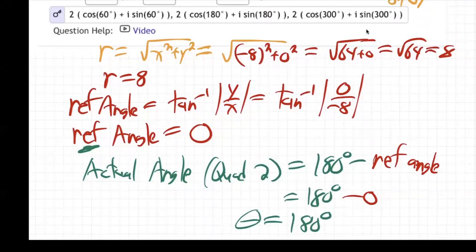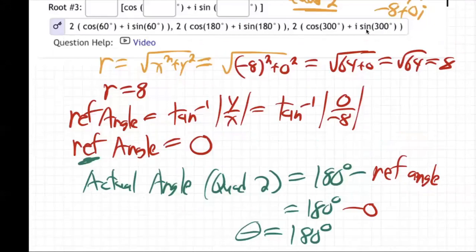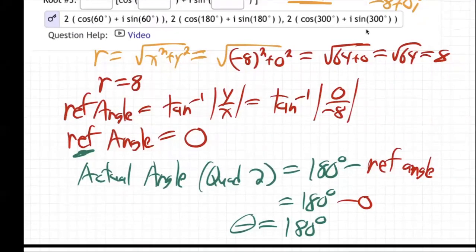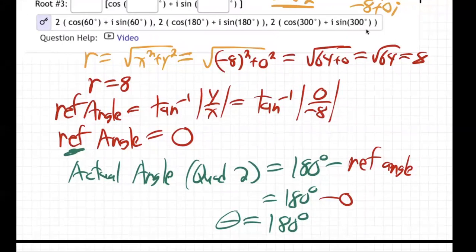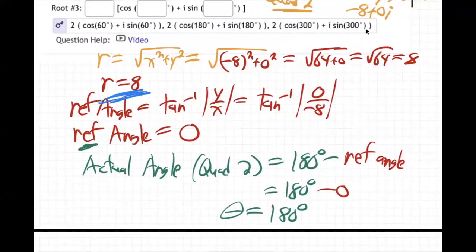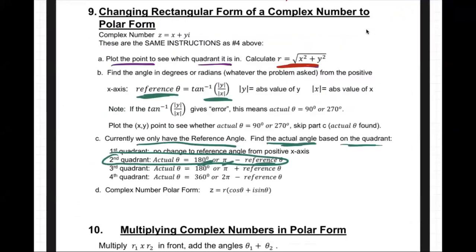Okay. So what have we got at this point? So now what we've got is the r and the theta. So here's the r and here's the theta. We have changed to polar coordinates. That's what it means. Right there, there's our polar coordinate number. R goes in the front, cosine theta, i sine theta.